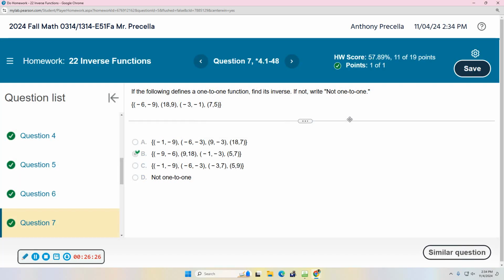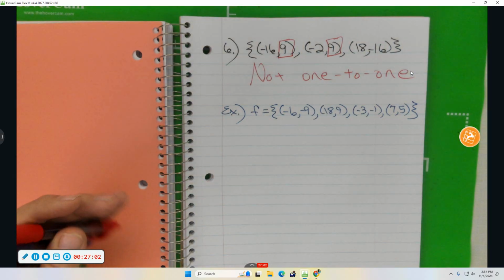Now, I want to write down this problem and use it as an example. Let me write down those ordered pairs. Okay, I want you to consider this function that we have.